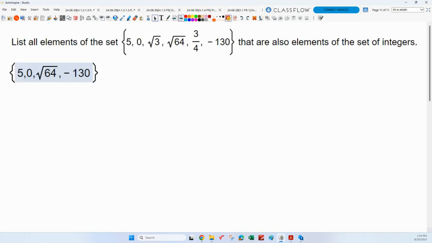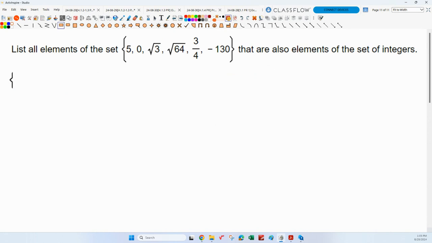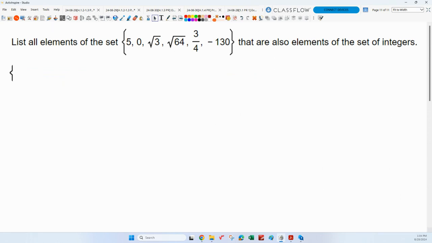I think we're about done. Oh, there's one more. Let's do this one. Then I'll let you work. So list all elements of this set that are also elements of the set of integers. Let's just cross out the ones that don't work. You tell me, is 5 an integer? Yes. That one's good. Is 0 an integer?